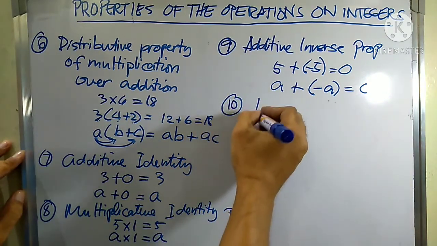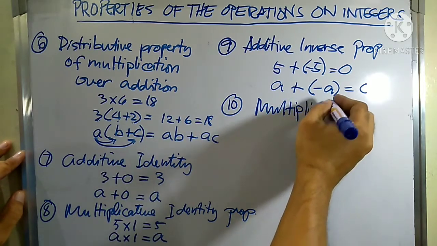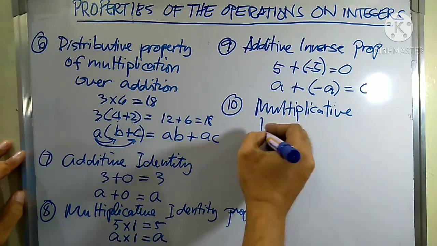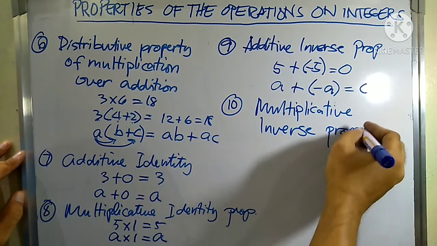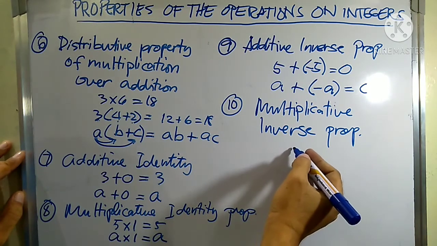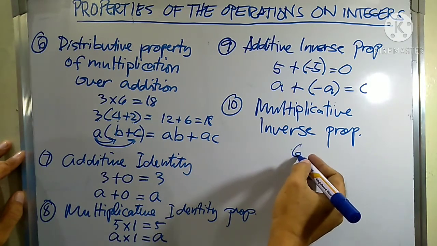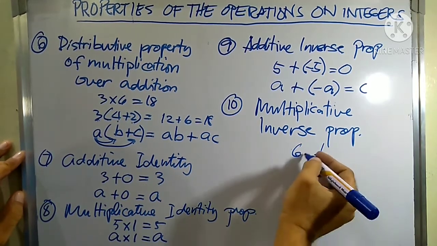The last one we have is multiplicative inverse property. If we have a number, let us say 6, its reciprocal is 1/6.